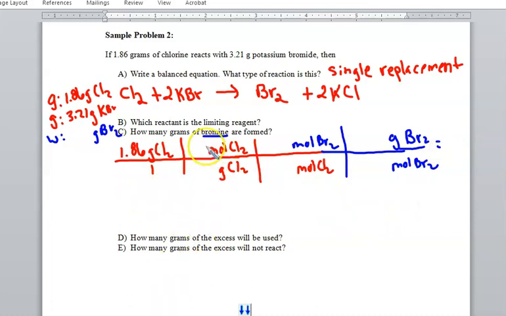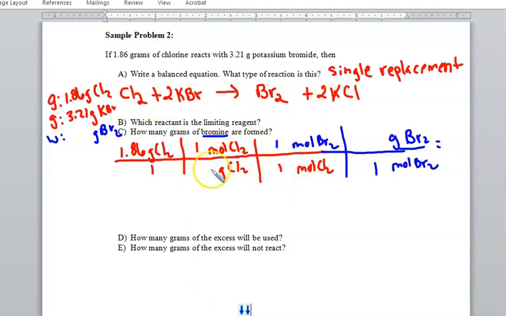All right, so anytime mole and grams are buddies, mole gets a 1. Over here, mole and gram are buddies, so mole gets a 1. Here, this is the mole-mole ratio. So the mole-mole ratio is where I check the balanced equation. And it just so happens in front of bromine's a 1 and chlorine's a 1. So these aren't always 1. Those guys, always 1. So we've got one of those and one of those because of the ratio.